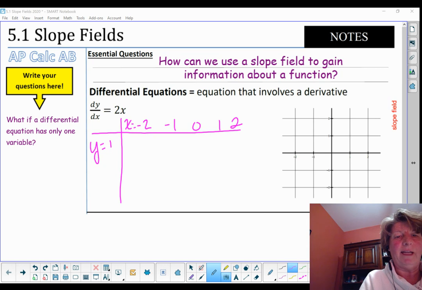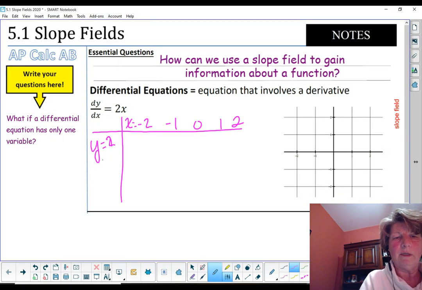Then what I need to do, maybe I should do y values 2, 1, 0, -1, and -2. That way I'm covering all my y values on the chart here too. So when x is -2, I would get -2 times 2, a slope of -4.